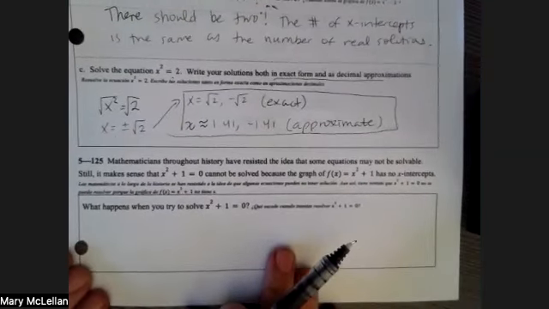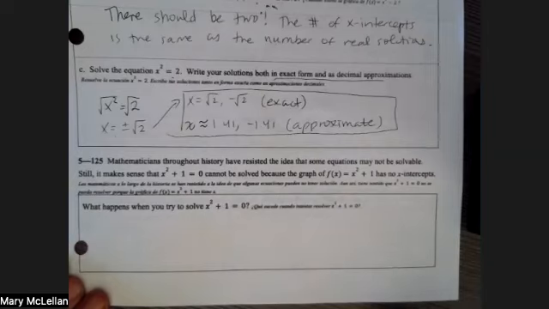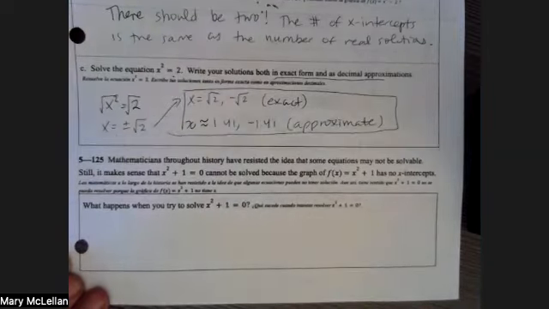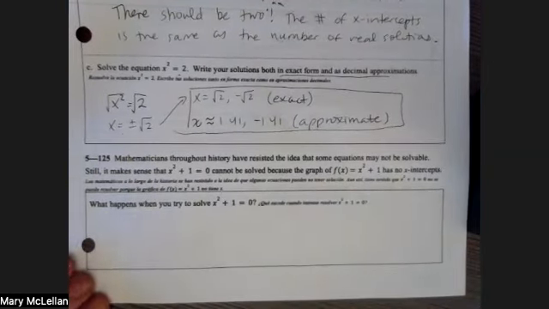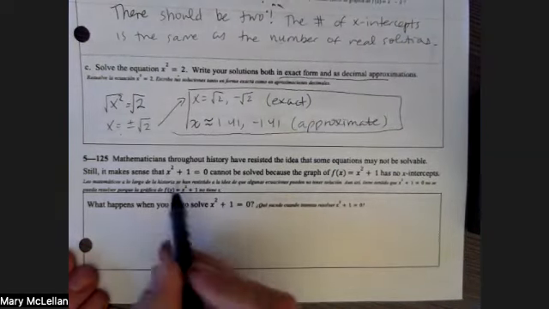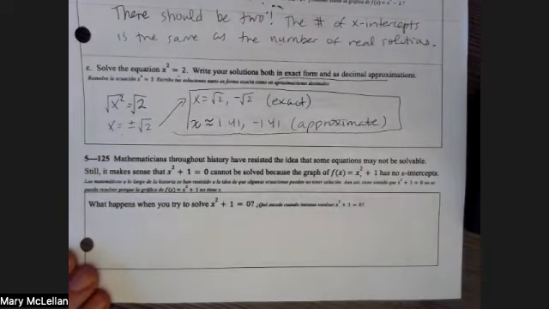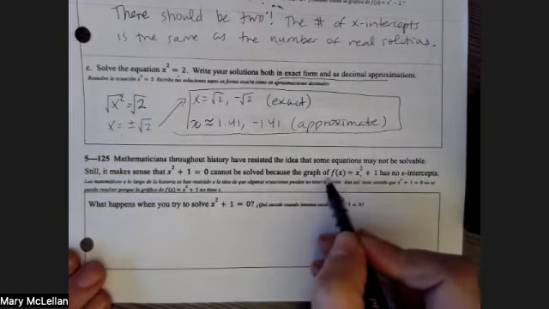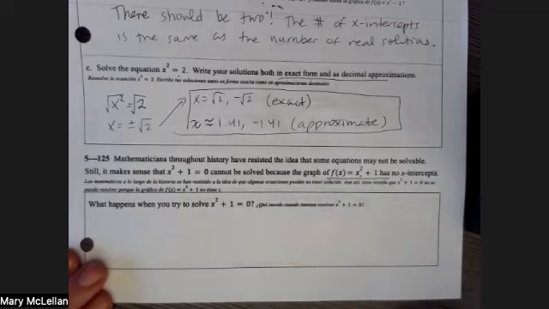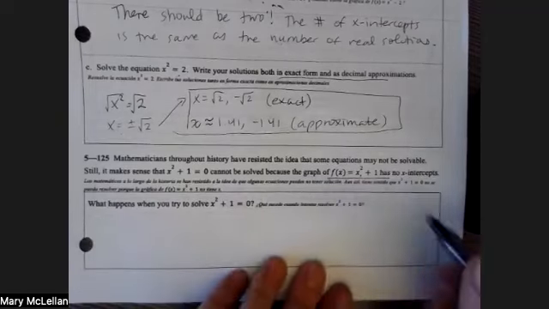5-125. Mathematicians throughout history have resisted the idea that some equations may not be solvable. Still, it makes sense that x squared plus 1 equals 0 cannot be solved because its related graph, f of x equals x squared plus 1, has no x-intercepts.